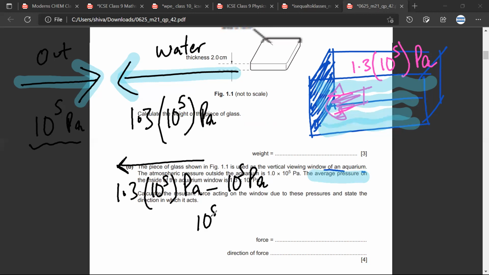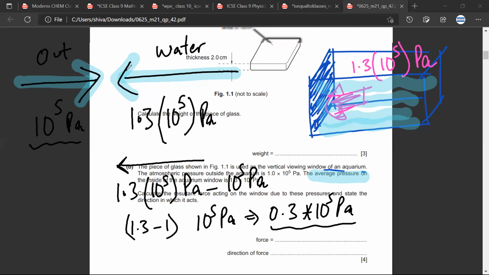Chris, have you understood this or should I explain? So this would be 0.3 into 10 raised to power 5 Pascal is the net pressure, and this pressure is from inside to outside. This is the net pressure that the water is exerting.